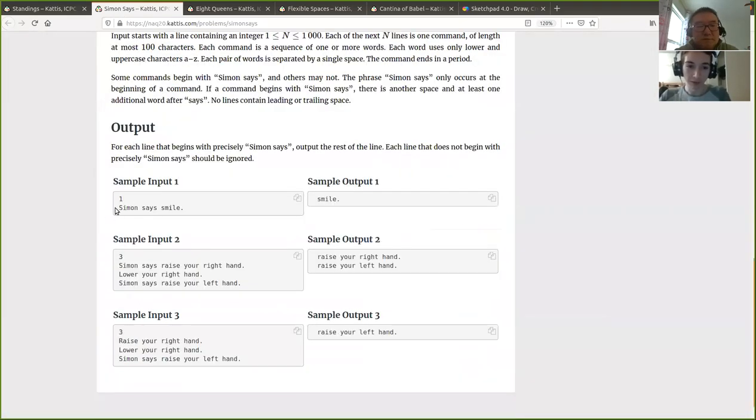You're just given a list of strings, and in each line it either starts with Simon Says or it doesn't. If it starts with Simon Says, you should just output the rest of it. Otherwise, you ignore it. So really all it's checking is, can you read a line of input?